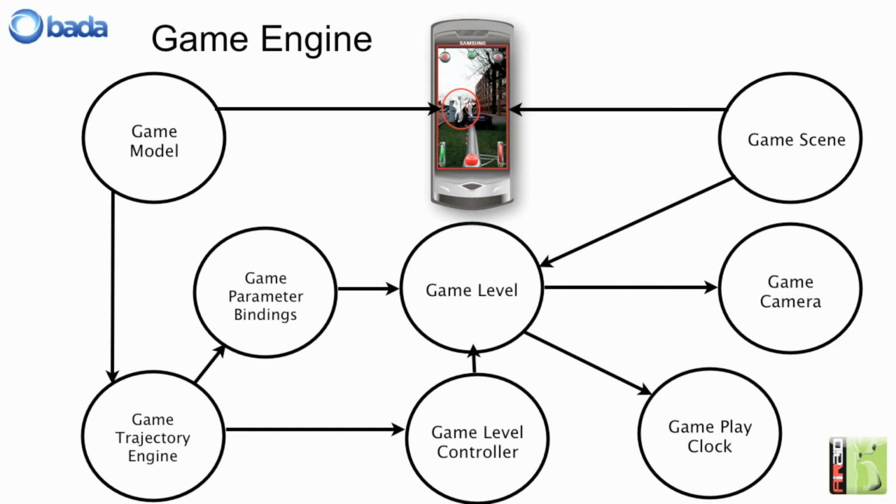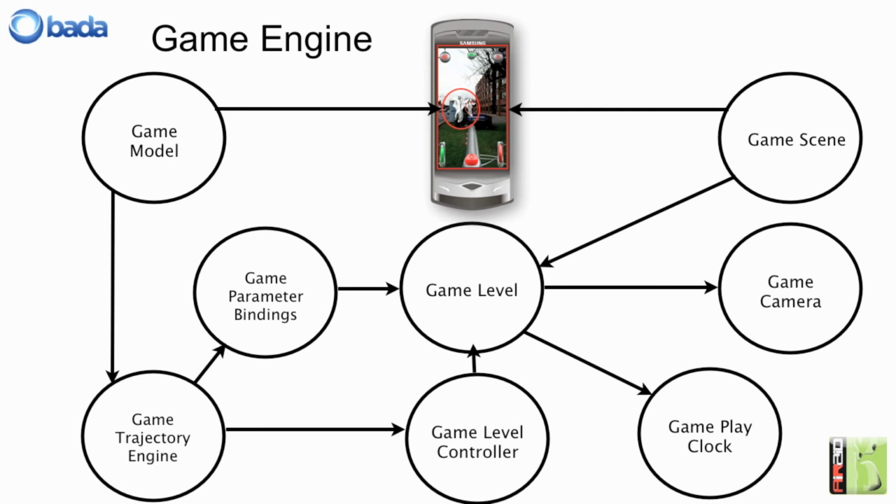A game scene is an object which groups all the game models into a scene. So this game scene object is like a class which manages all the game models, so it knows what models are on the screen, how many are to appear at any one time. It keeps track of what's there, what you've captured, so what needs to be removed from the screen. So it manages all the various game models.